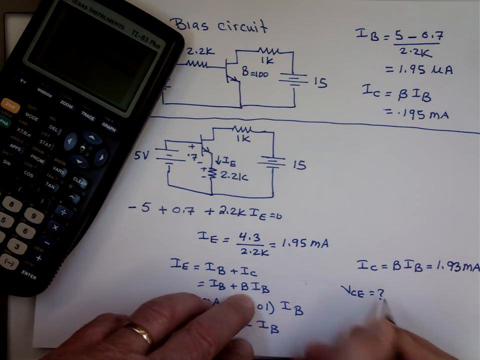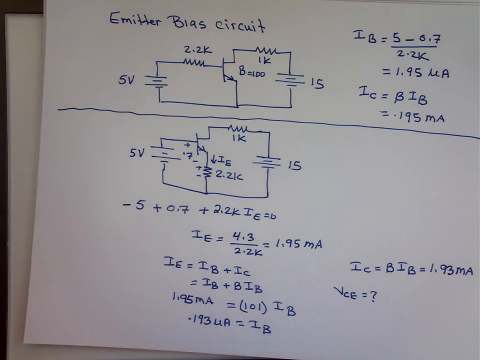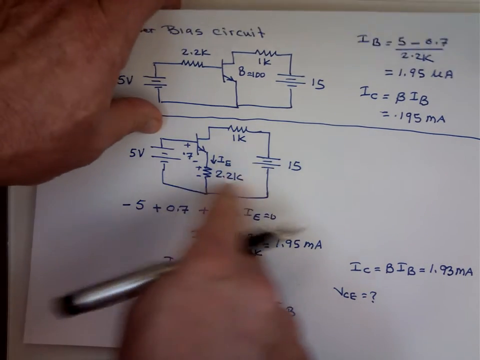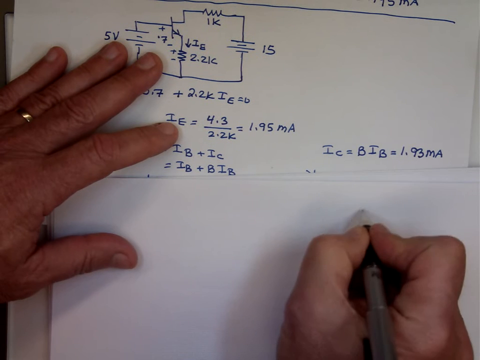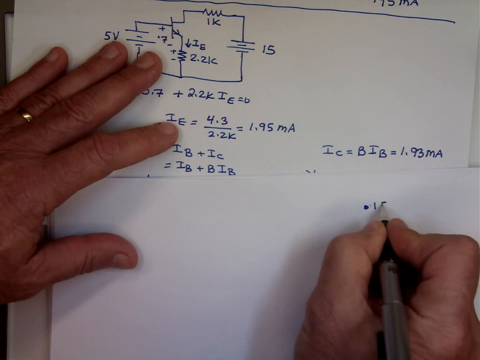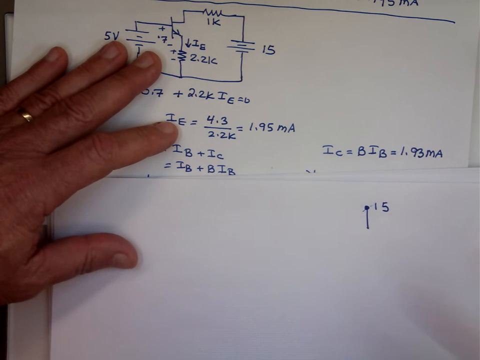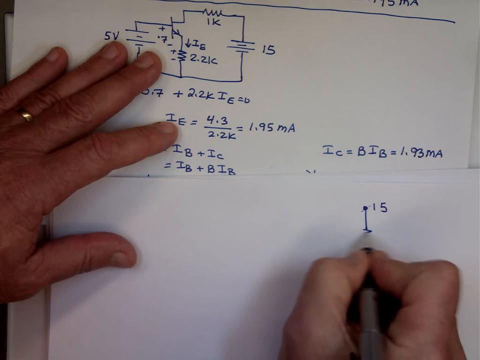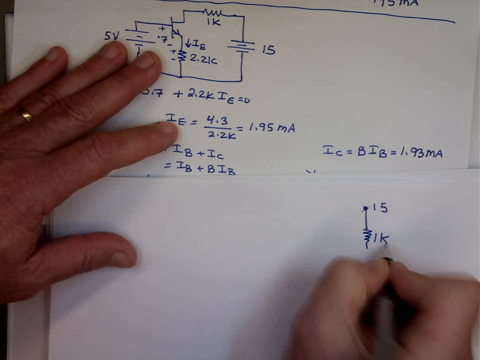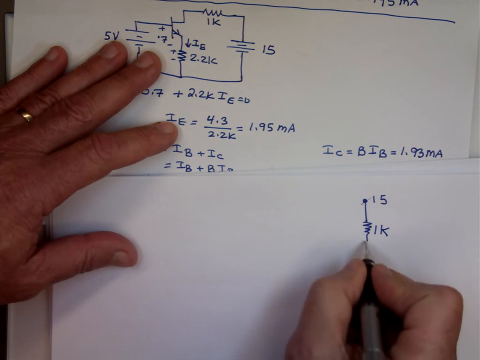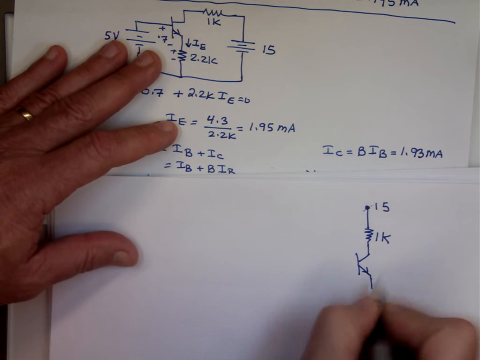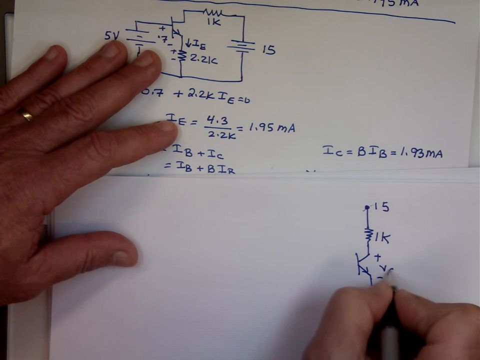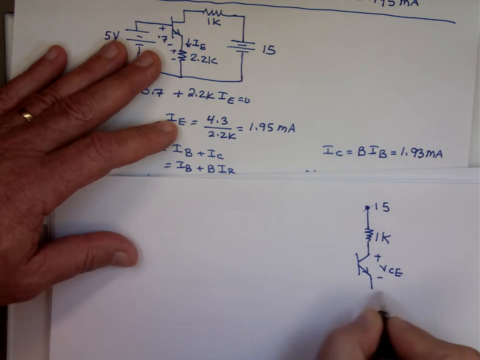So let's look at that circuit. Let's look at this side here. Here's what we have. We have 15 volts on the top. We have 1K here. We have a voltage here of VCE. And we have a resistor here of 2.2K.